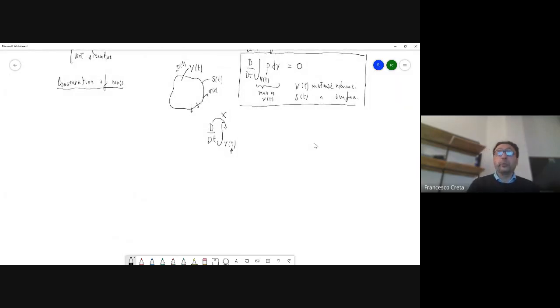Well, I'm not going to prove it, but we use a very important theorem which can be used in fluid dynamics, and can be employed almost everywhere in fluid dynamics, which is the Reynolds transport theorem.